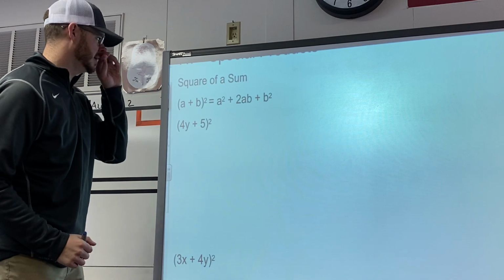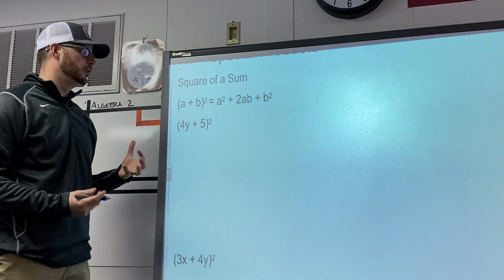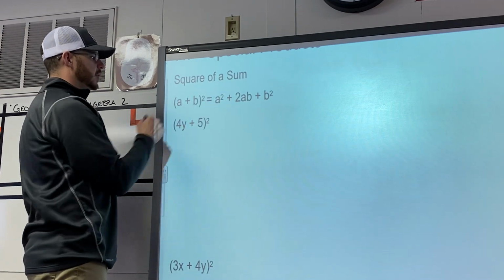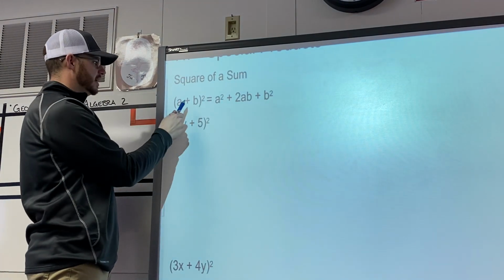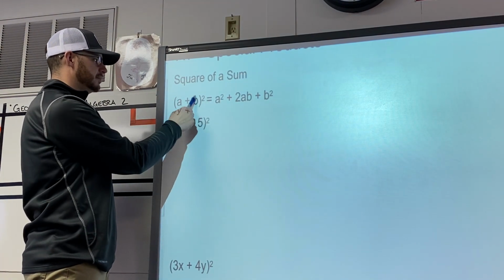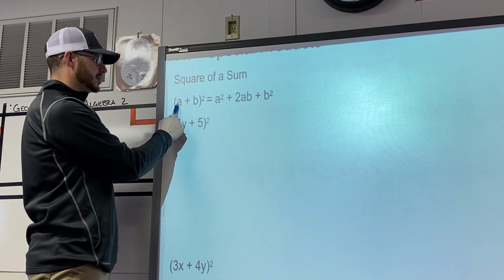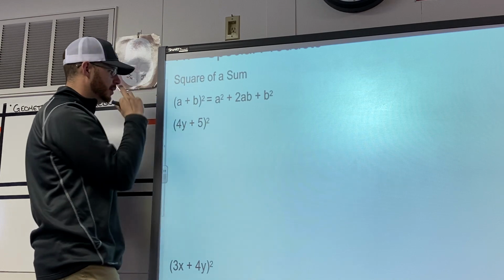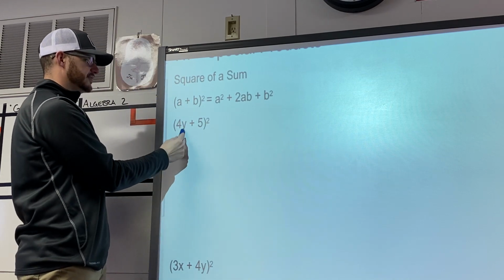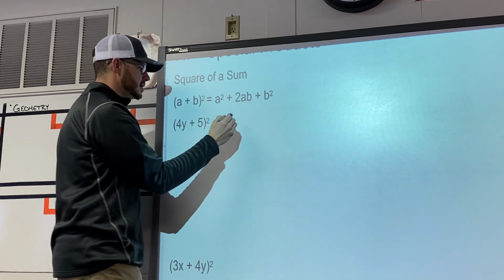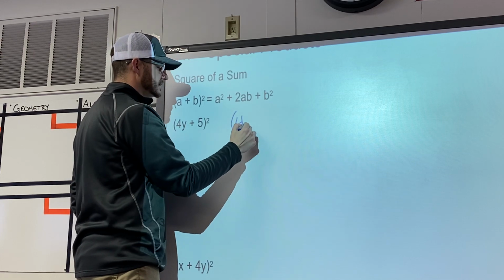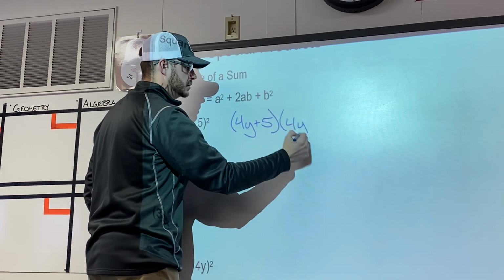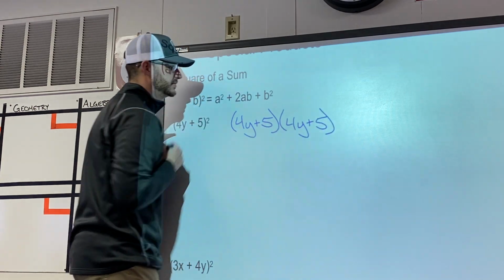So to start here, I'm going to show you with foiling why this works. The square of a sum is any time you have a plus b, any number plus another number, or term plus another term squared. It won't always be written like this, where it's 4y plus 5 squared. It might be written as 4y plus 5 times 4y plus 5.